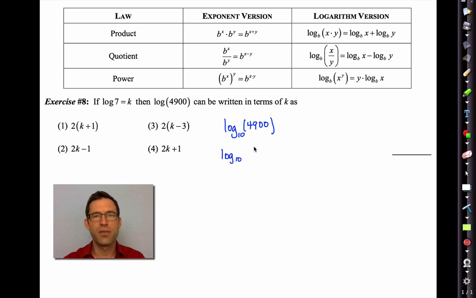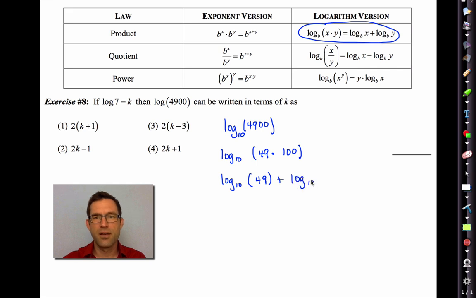What's definitely clear to me is that 4900 is the same as 49 times 100. Now that's good because that immediately allows me to use the first log law. So I can rewrite that in terms of log 10 of 49 plus log 10 of 100.